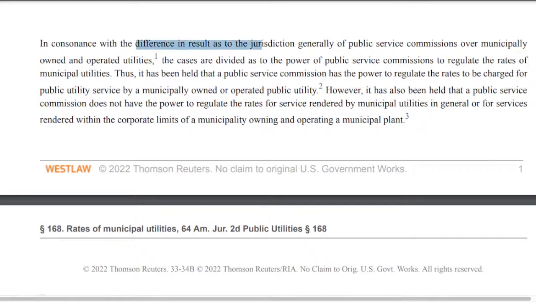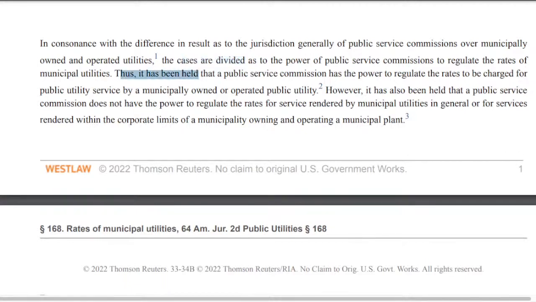The difference in result as to jurisdiction generally of public service commissions over municipal owned and operated utilities. The cases are divided as to the power of the public service commissions to regulate the rates of municipal utilities. Cases are divided.